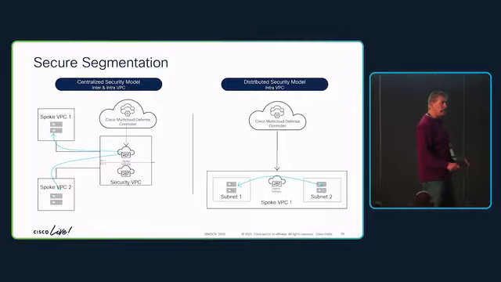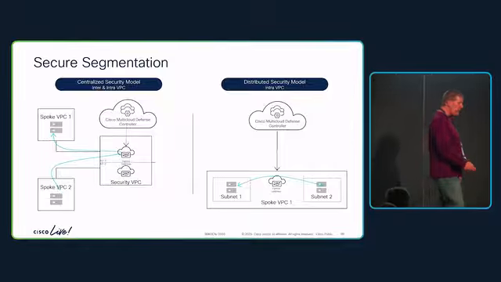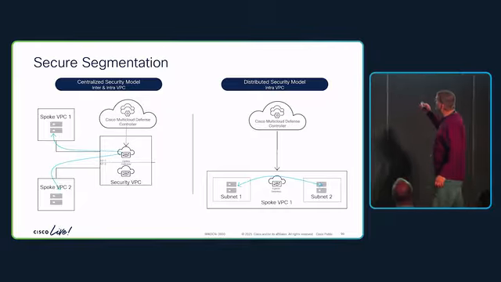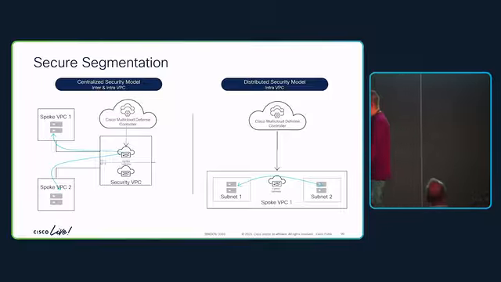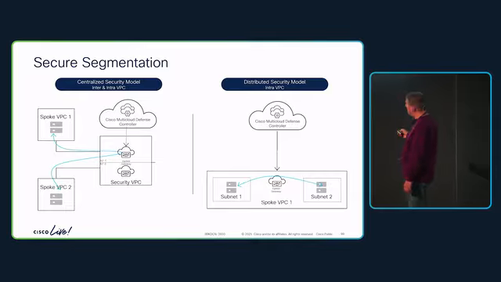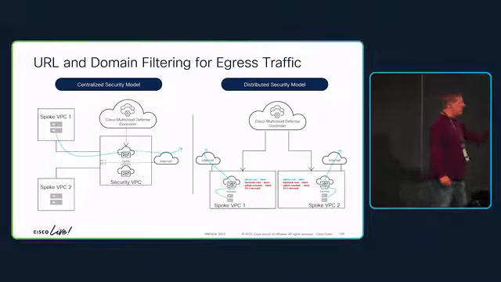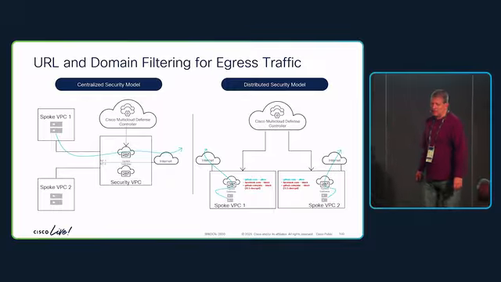Segmentation. We talked a lot about that in the VXLAN parlance in the early part of the presentation. This also provides the ability for me to govern connectivity between the VPCs themselves using the same device. And so I can either do that in the bump in the wire centralized model, or I can do this in the distributed model. So hopefully you're starting to get a sense of how versatile the product in fact is.